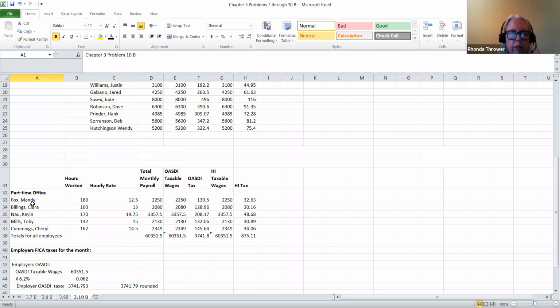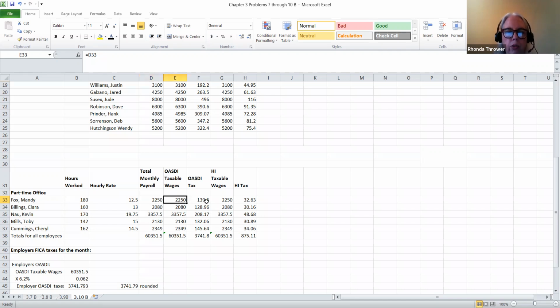There are some part-time folks that you have to figure what the monthly payroll is, and you simply do that by multiplying the hours worked times the hourly rate. That'll give you the monthly total payroll. So 180 times $12.50, which is the rate, gives you $2,250 that is the monthly payroll.